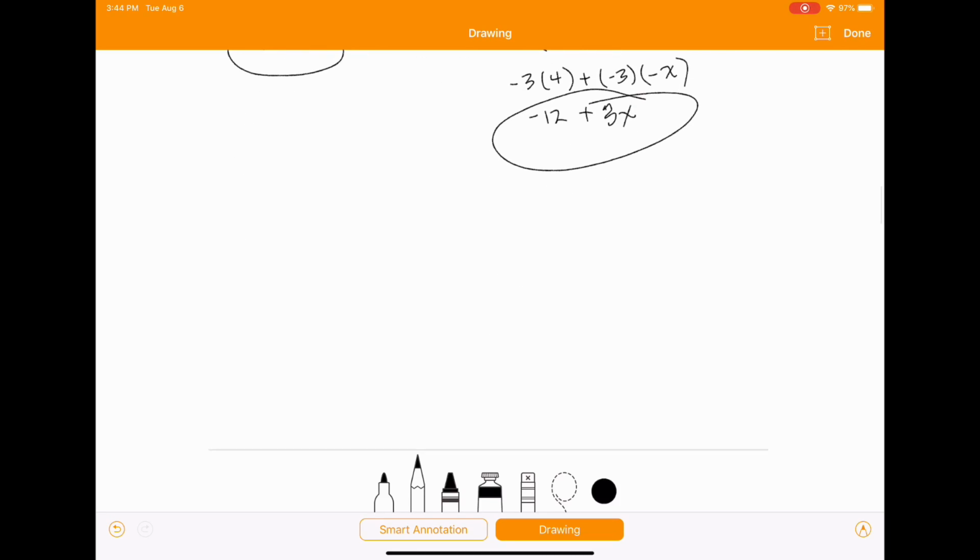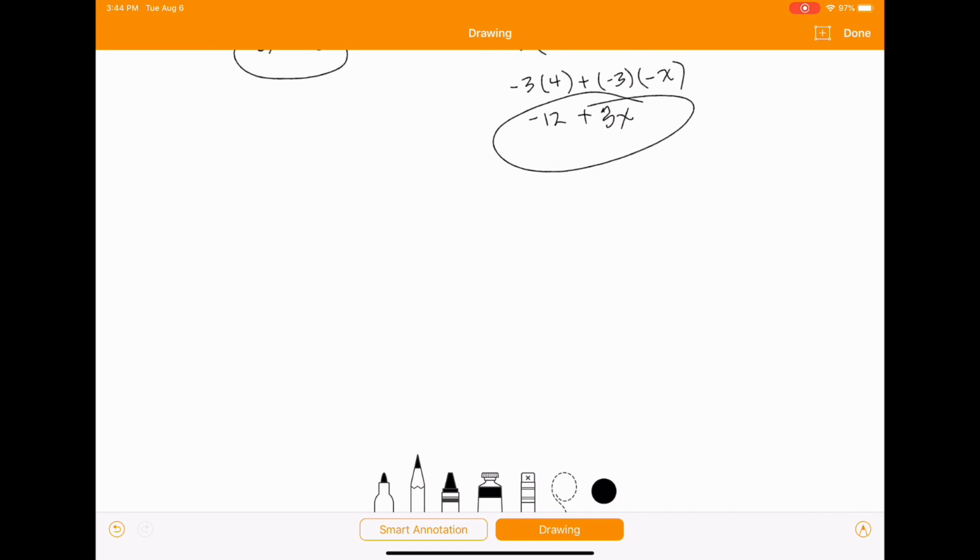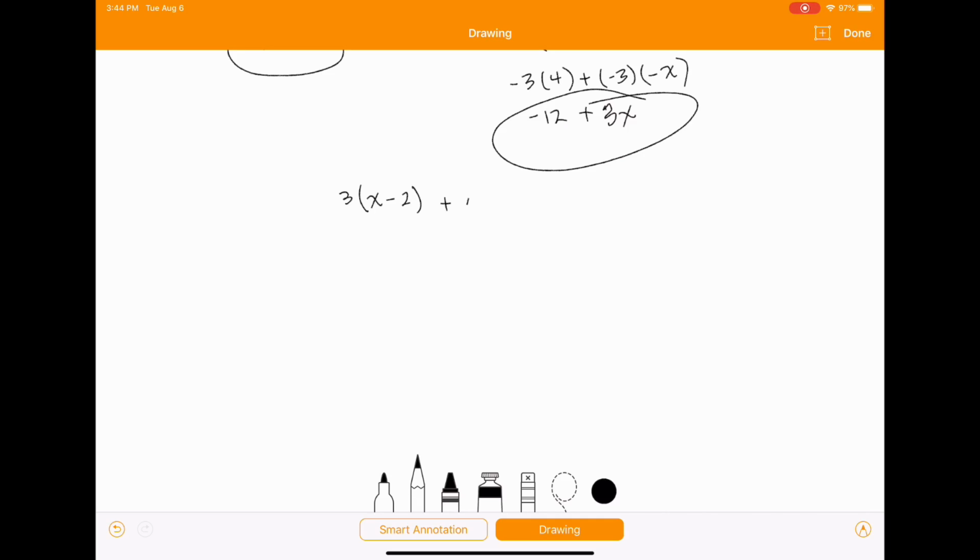All right, other things that you might see that you're going to have to simplify are going to be when you have multiple of something in the same expression. So for example, if you had 3 times x minus 2 plus 4x, and you're asked to simplify that expression, you're going to start with this distribution right here and then worry about that last part after.